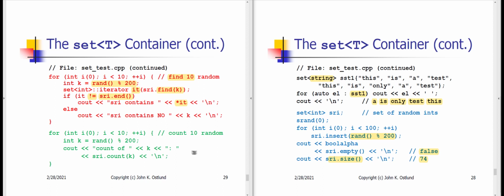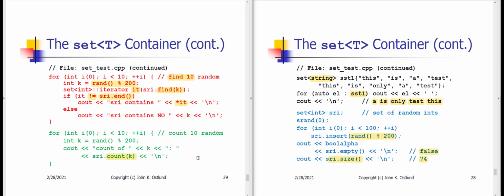Another way that I can check for values in a set is to count the number of times that a value exists. Now, for a set, since a set only contains unique values, I can basically use this as a direct alternative to find, because if I ask for the count of the value 9 and I get back a 0, that means 9 is not in the set.